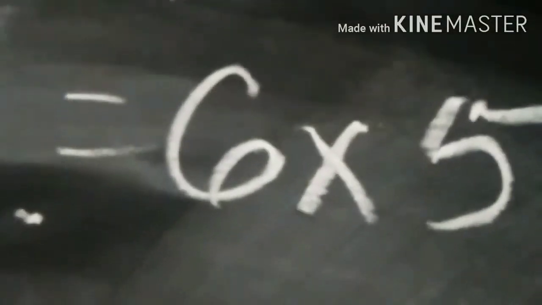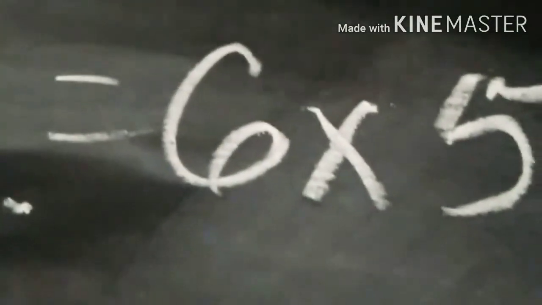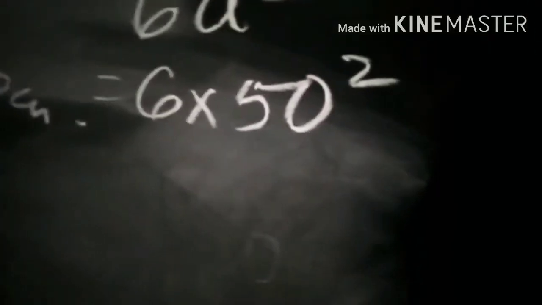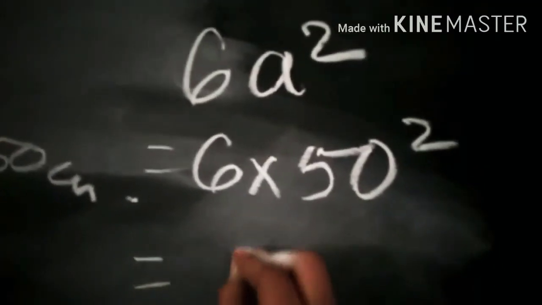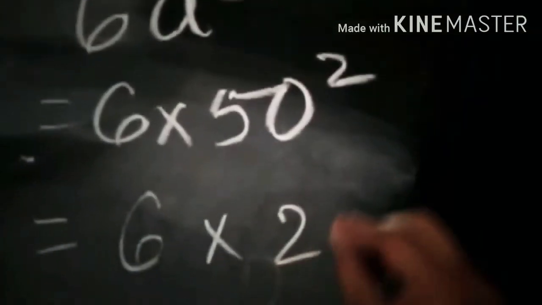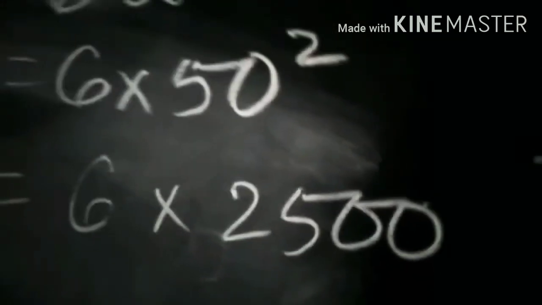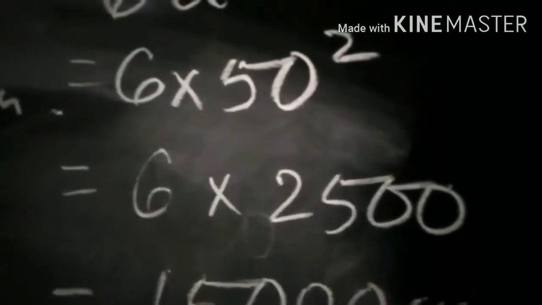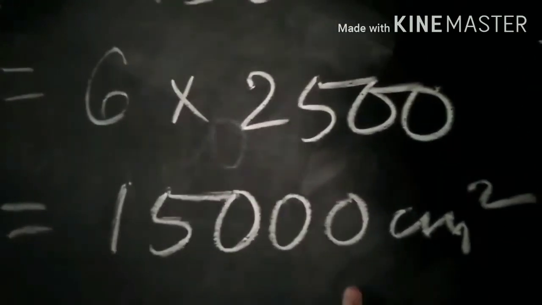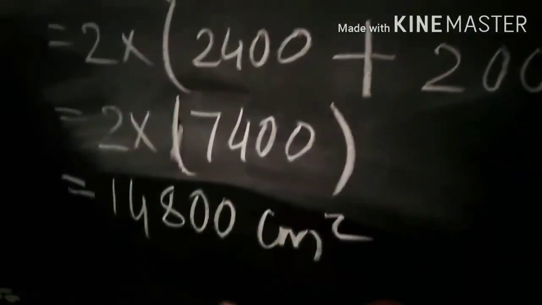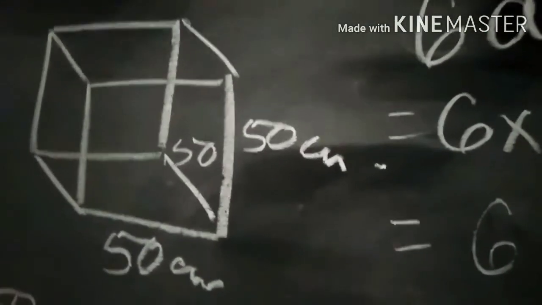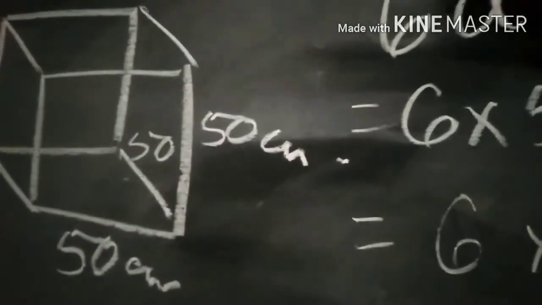Putting the value, 6 into 50 square, and 50 square is 2500, so 6 into 2500 is equal to 15000 centimeter square. Now you can see that it is 15,000 and this one is 14,800. So this area is greater, so we require more material for making the cubical box.